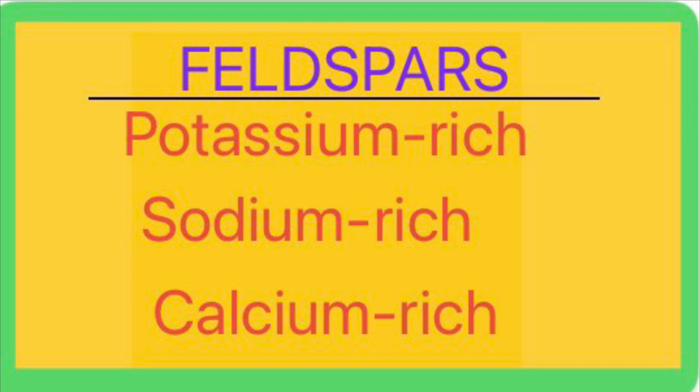And between the sodium feldspar and calcium feldspar, there is a range of feldspar that contain some of each. The subject of feldspars is complicated and detailed, but what we want to do is to be able to identify potassium-rich feldspars, sodium-rich feldspars, and calcium-rich feldspars in rocks.